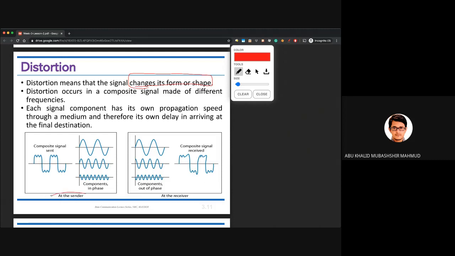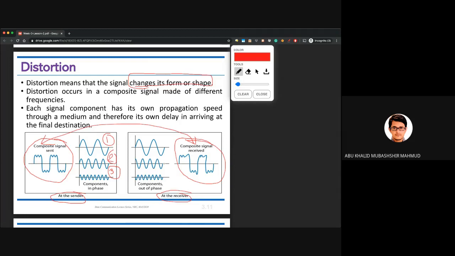On the sender side, we are sending signal 1, signal 2, and signal 3, the components of this composite signal. When we receive the signal at the receiver, we get this type of composite signal, which is very different from the sender side composite signal.